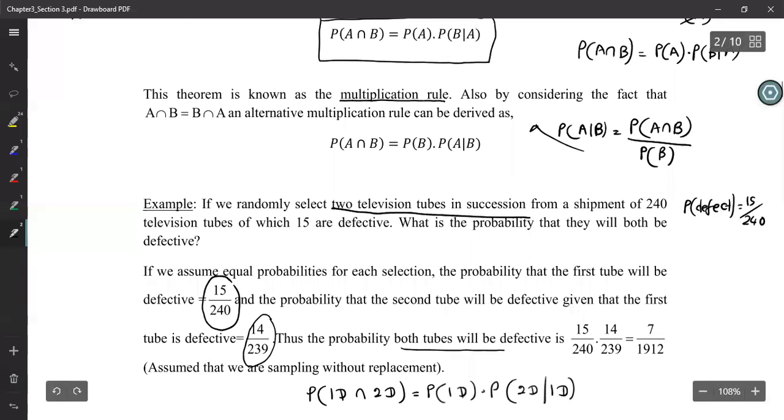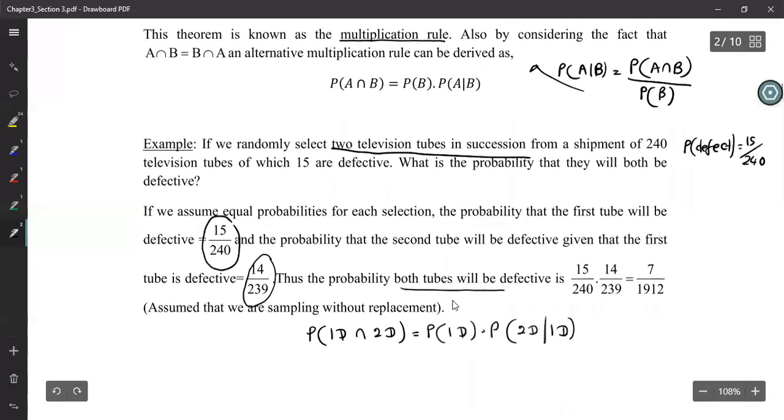Is that clear to all of you? If you need both defects, the first should be a defect and the second should also be a defect, right? So the probability that the first is a defect and the second is a defect is the probability the first is a defect, multiplied by the second is also a defect, knowing that the first is a defect. Because if the first is not a defect, you can't get both defects, right?